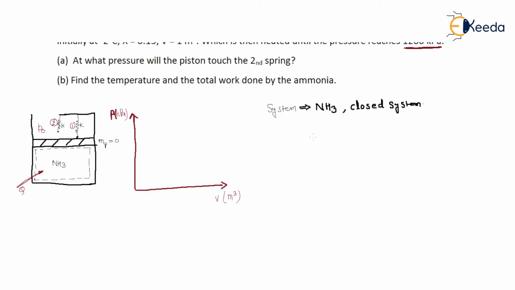So see, initially the system pressure is 100 kilopascal, right? This is the atmospheric pressure.